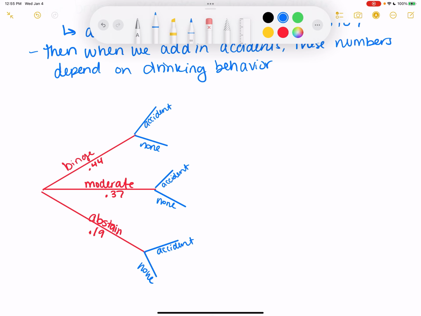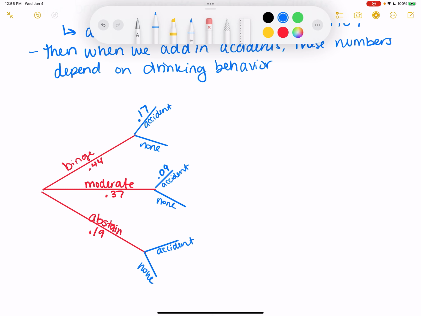And then we would fill in the percentage values for those. So for a binge drinker, 17%. So that would be have been in an accident, so 0.17. The non-binge drinkers is 0.09.